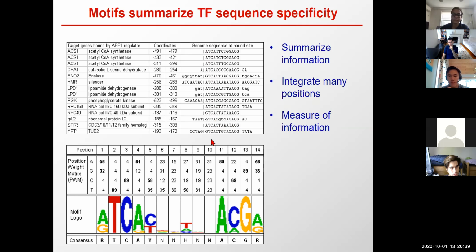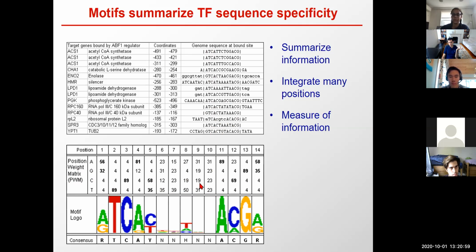So we can summarize this using a position weight matrix, or a PWM, that basically tells you for every nucleotide how frequently that nucleotide is found at every position. And you'll notice here in these intermediate middle positions, all nucleotides are found at equal frequency.